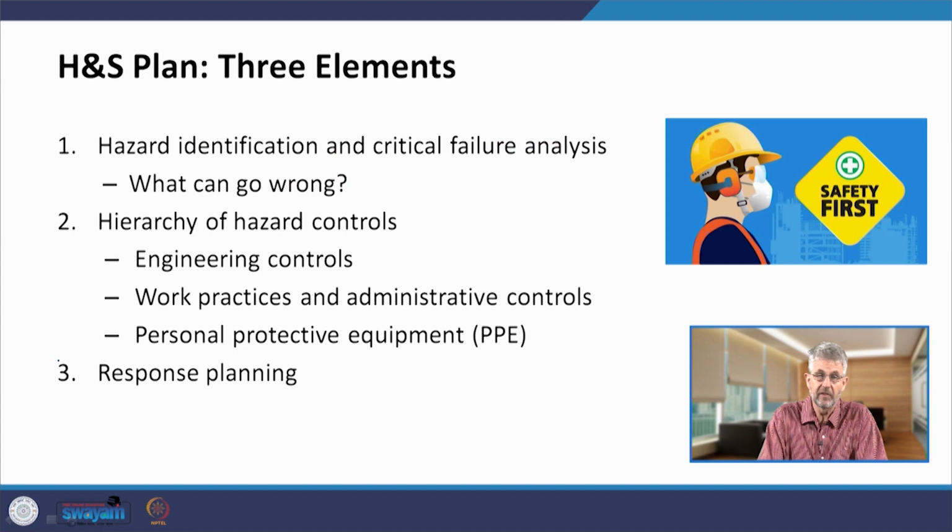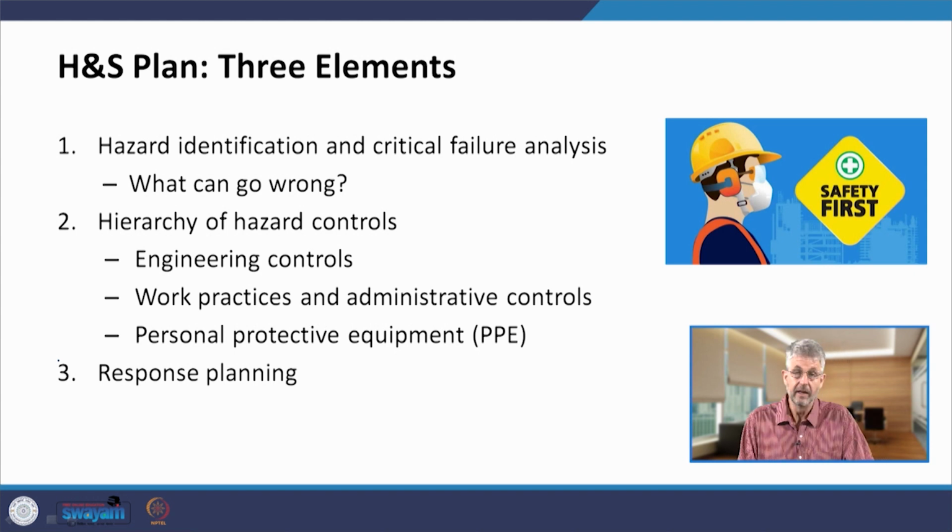Now, a health and safety plan is typically required for each project, and it has like three elements. First, hazard identification and critical failure analysis. So what are the contaminants and what can go wrong? And that's not just the contaminants, but also what can go wrong during the remediation technology, during the operating of the many parts of the system, the wells, the pumps, the electrical equipment.